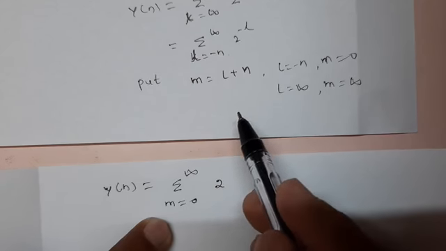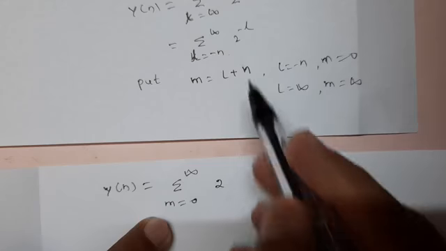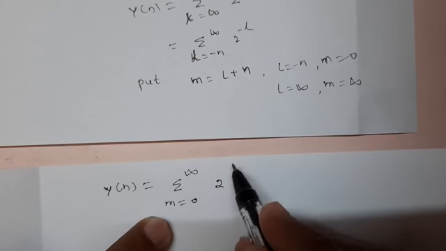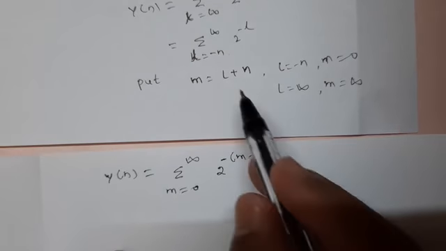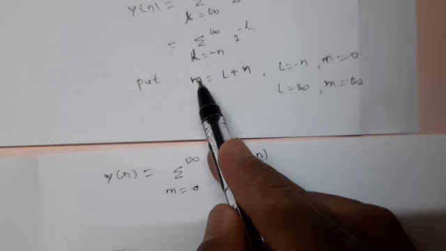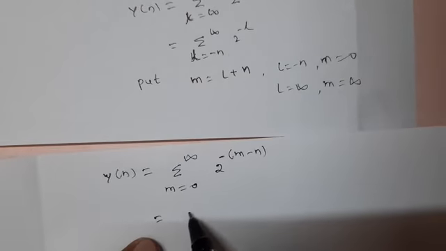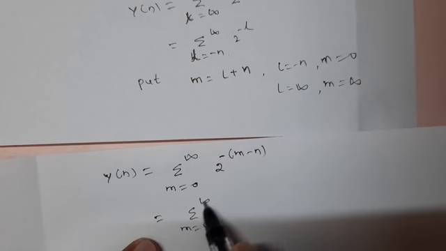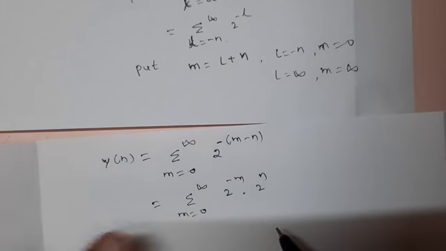If you want L, it is m minus n. L is n shifted here, so minus of minus n gives m minus n. So summation m equal to 0 to infinity of 2 to the power minus m into 2 to the power n.